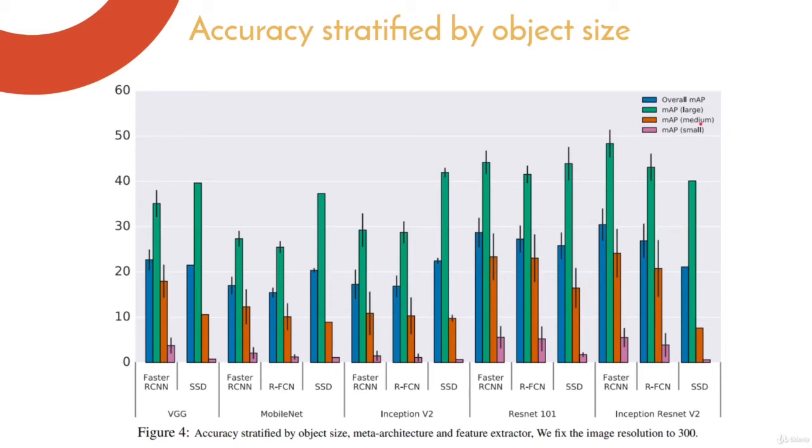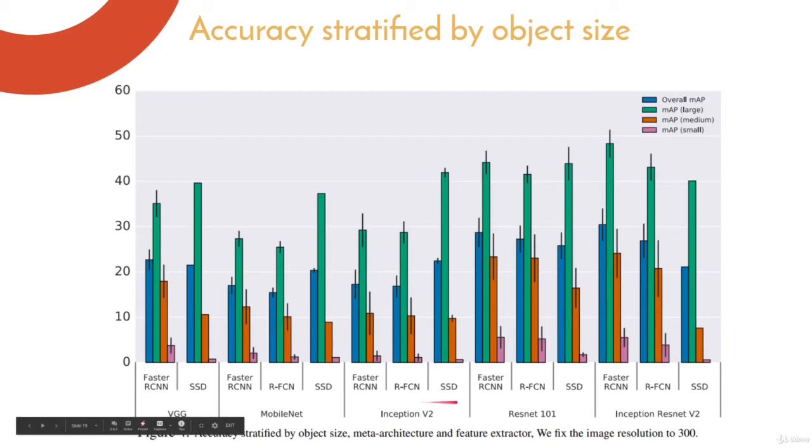The orange represents the mean average precision for medium-sized objects, and this pink color represents the mean average precision when we have small objects, so objects that are far from the camera. So here, when we look at this, we can make so many conclusions again.